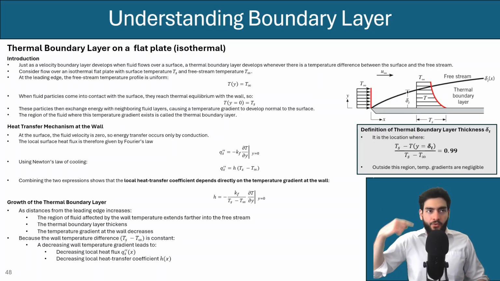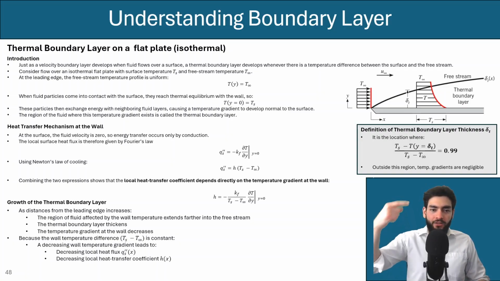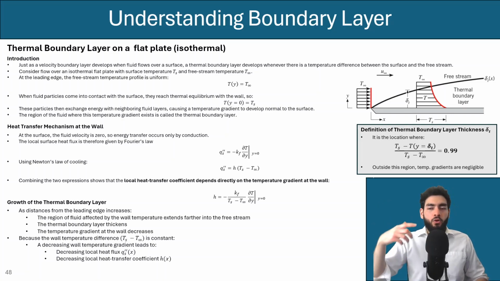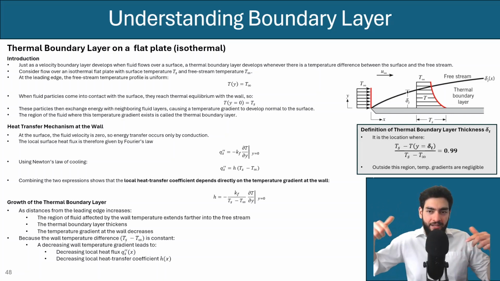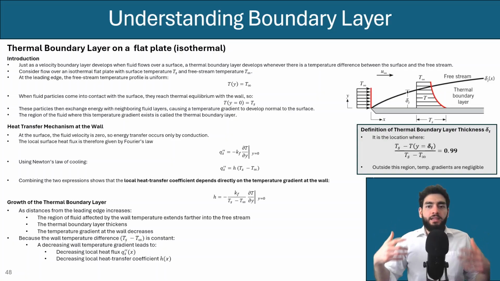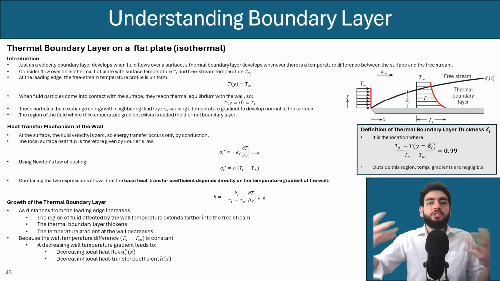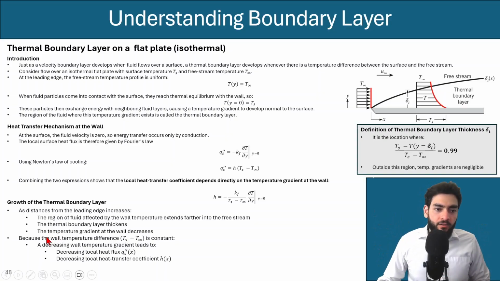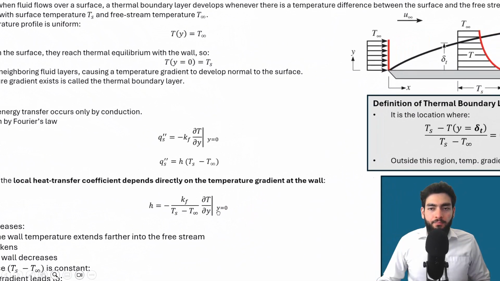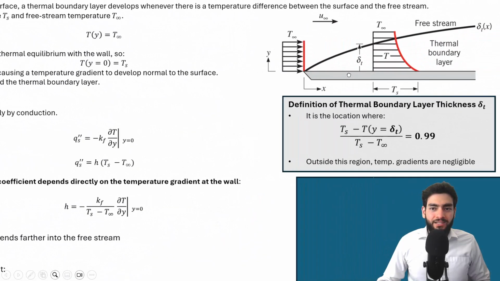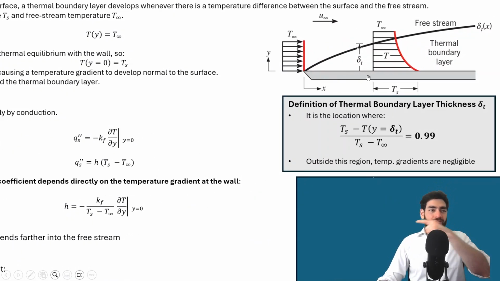And as the Reynolds number keeps on increasing, you have more turbulent mixing, and if you have more turbulent mixing, then you have more effective heat transfer. Also because of that, you have the temperature gradient at the wall decreasing. So the temperature gradient keeps on decreasing as x increases.